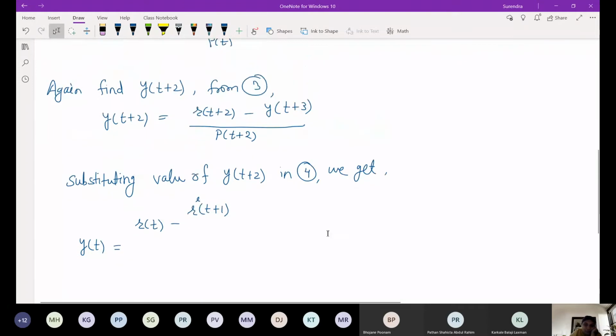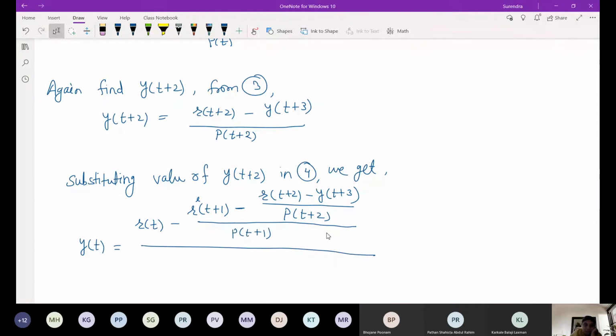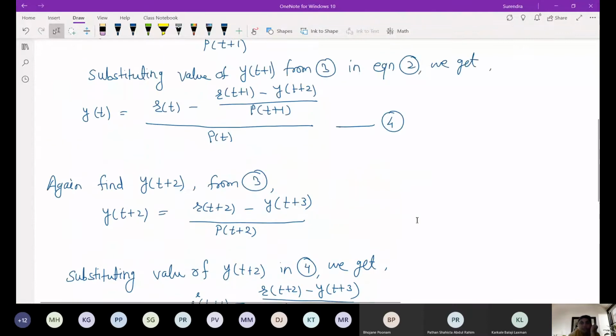Now for y at t plus 2, this value, r at t plus 2 minus y at t plus 3 divided by p at t plus 2, and this whole is divided by p at t plus 1 and the whole is divided by p of t. Is that right? I have just substituted the value of y at t plus 2 here.